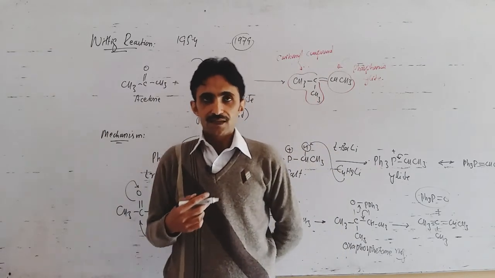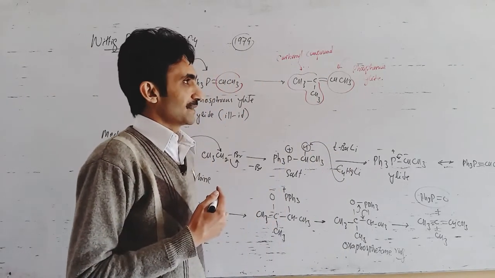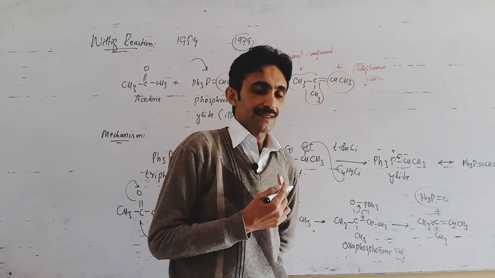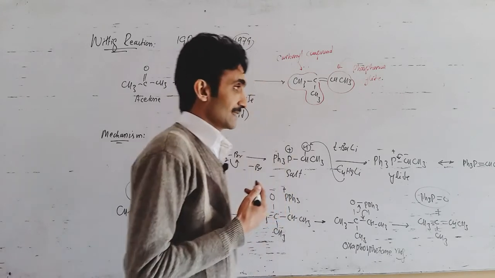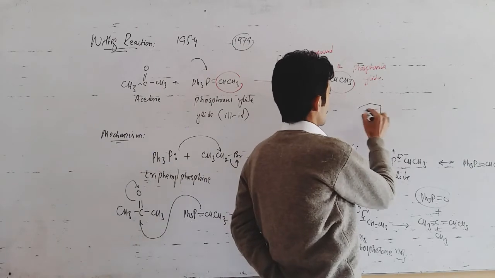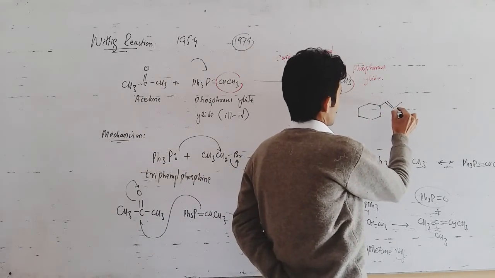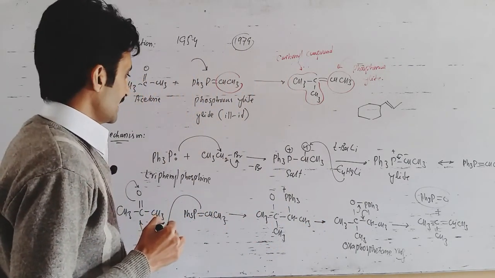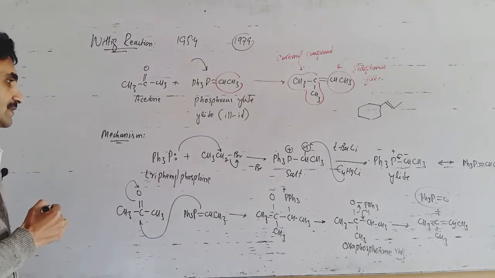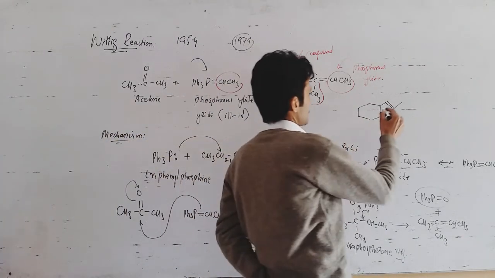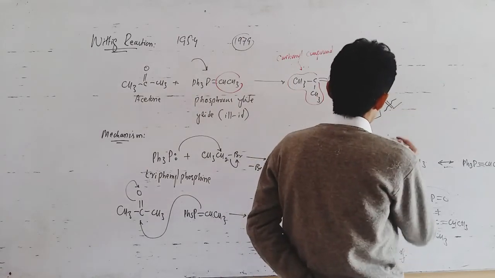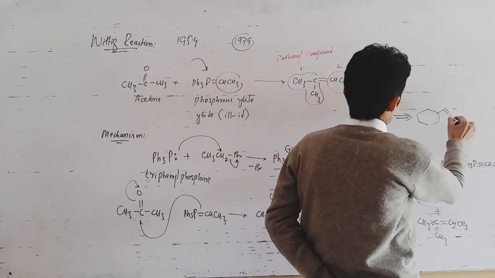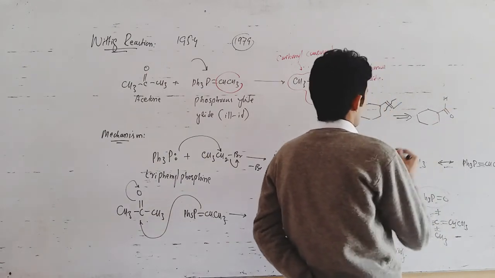So, this is the simple mechanism of the Wittig reaction, in which the starting material, a carbonyl compound, especially an aldehyde or ketone, is transformed into an alkene product. Whenever we are given a particular molecule and asked to make a retrosynthetic analysis, we must have a clear idea. For example, we have a compound like this one, and we are asked to point out the starting material, which one will be the aldehyde or ketone. You will have to cleave the double bond and make one of the fragments an aldehyde and the other a phosphorus ylide.